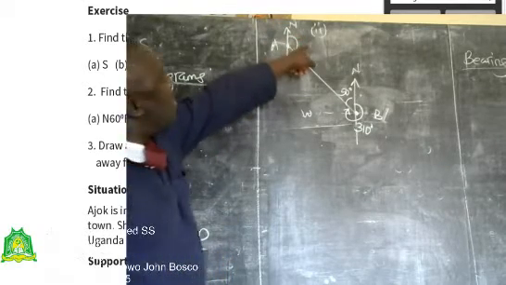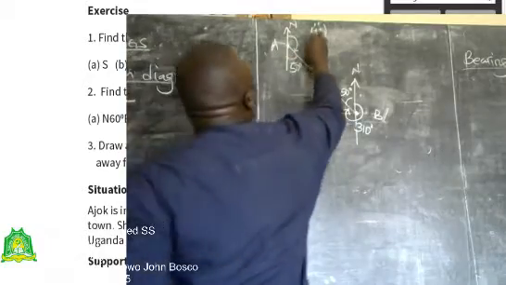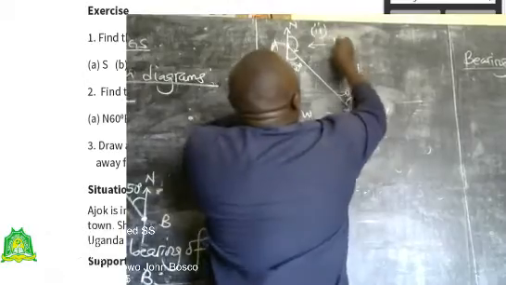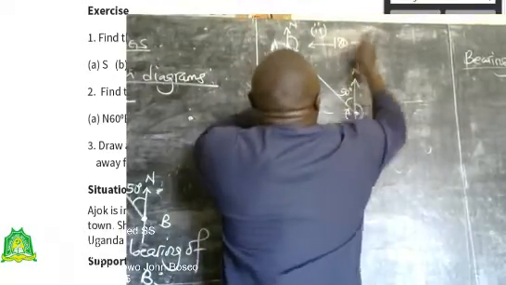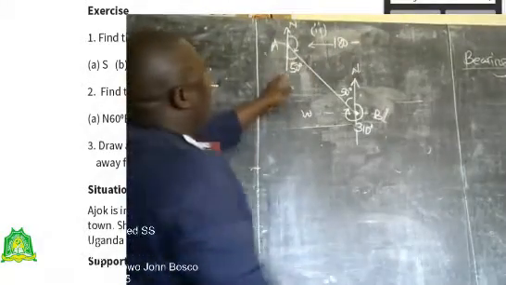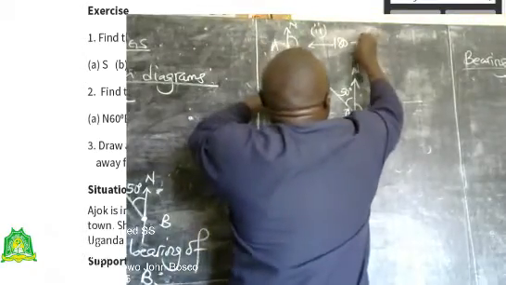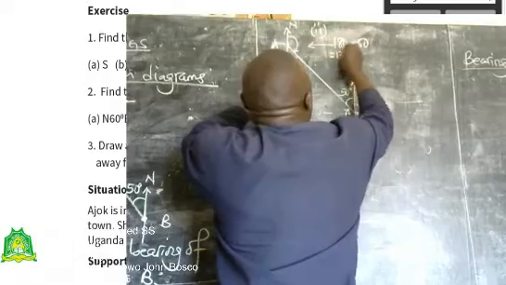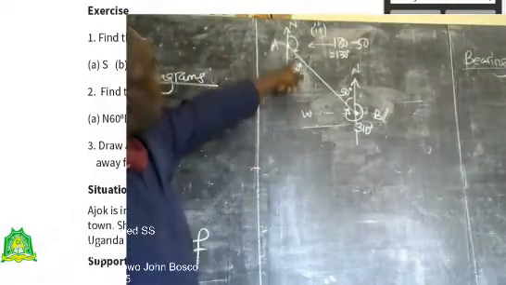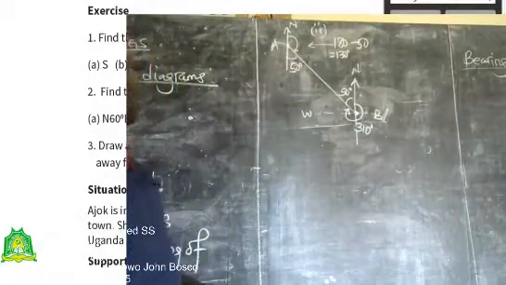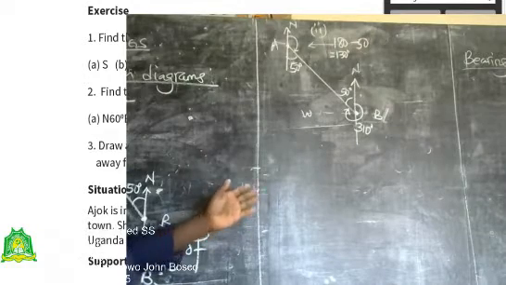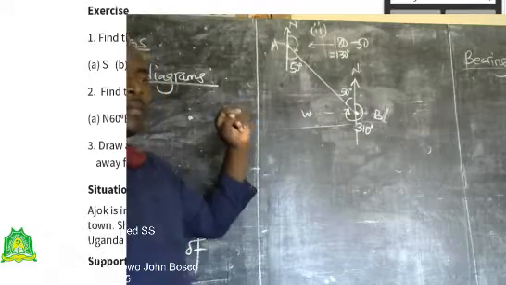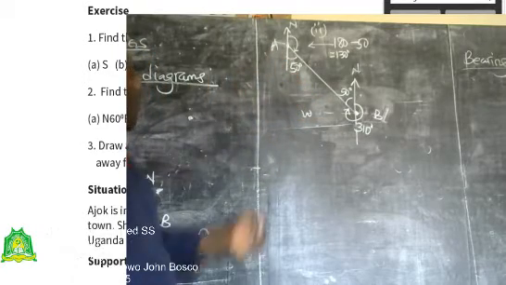The angle which is here is calculated from 180, the straight line angle is 180, minus 50 degrees. And this gives us 130 degrees. So this angle is 130 degrees, and it will give me the bearing of B from A.